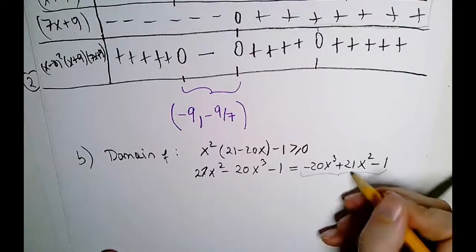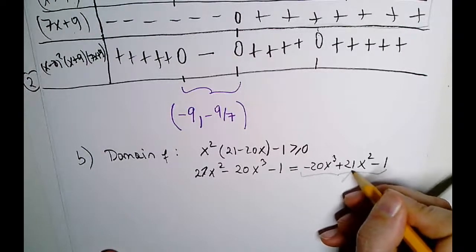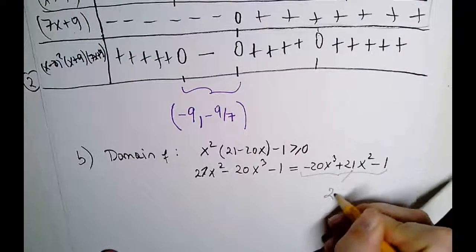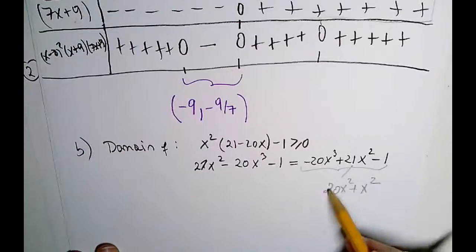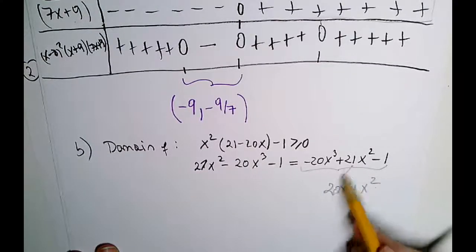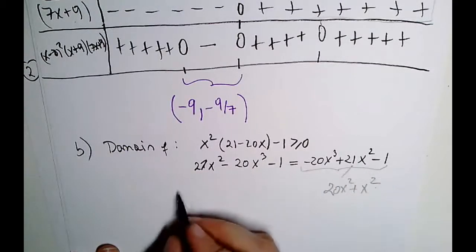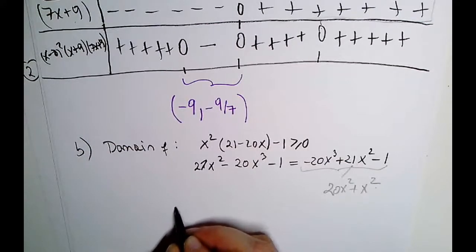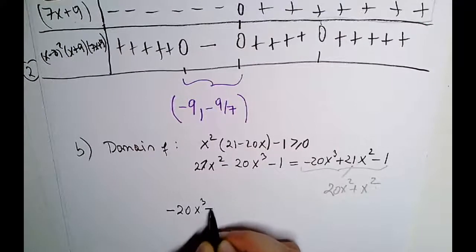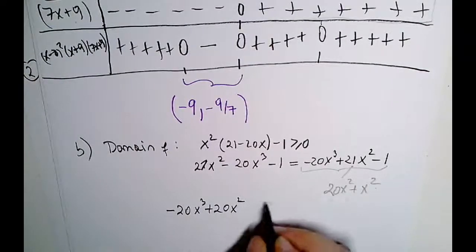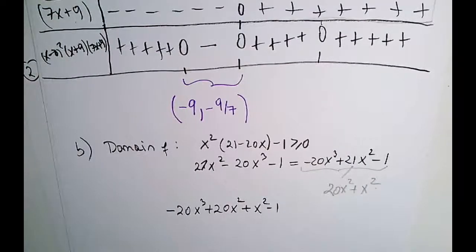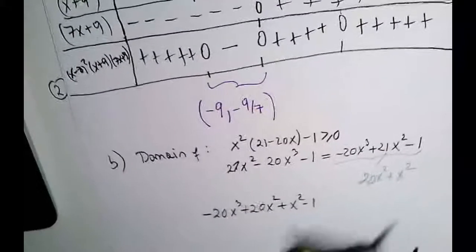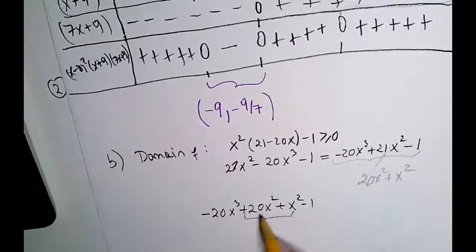I'm going to write 21x squared as 20x squared plus x squared. So my polynomial turns into negative 20x cubed plus 20x squared plus x squared minus 1. The only thing I did was rewrite 21x squared.